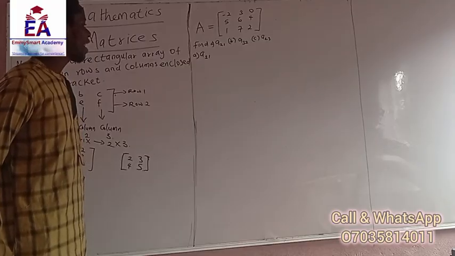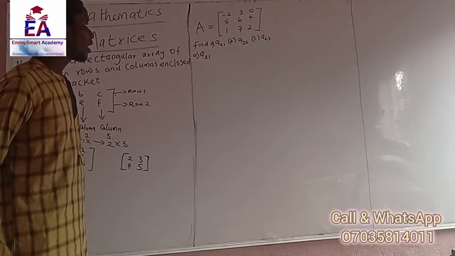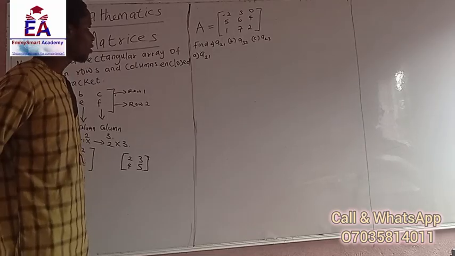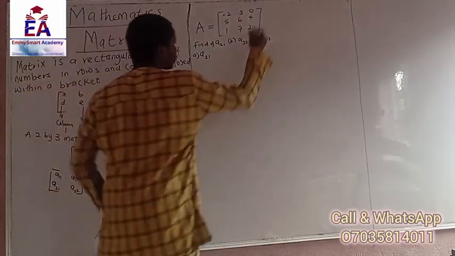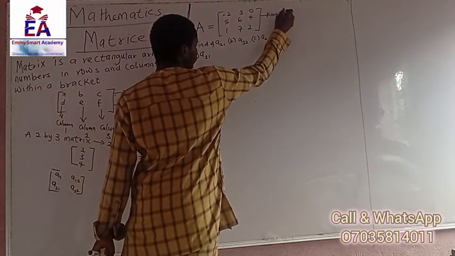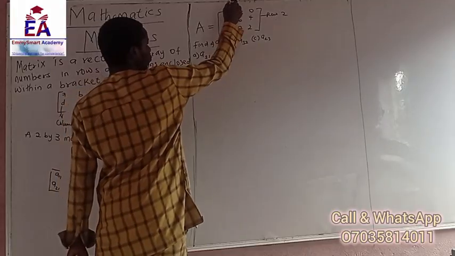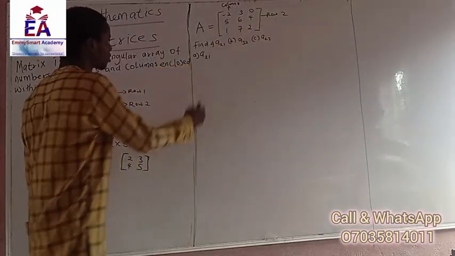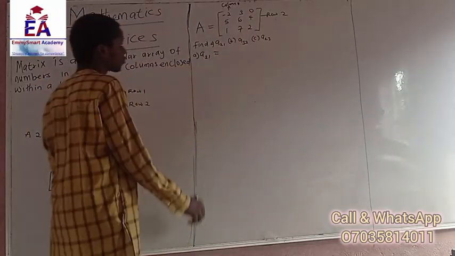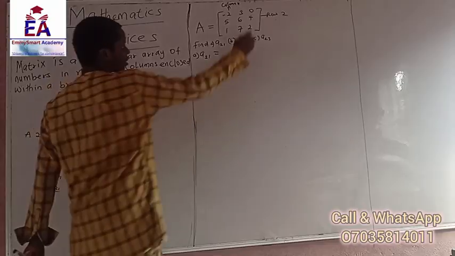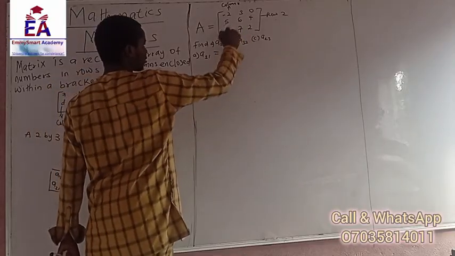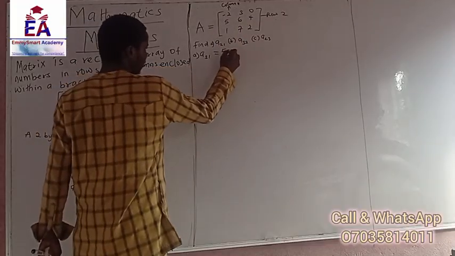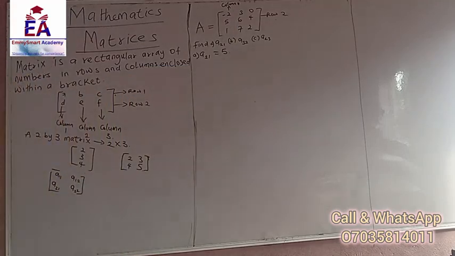In column 1, we have minus 2, 5, and 1. Okay, so this is row 2, this is column 1. Now, at which position will the two of them meet? It should be this guy. So we have 5.